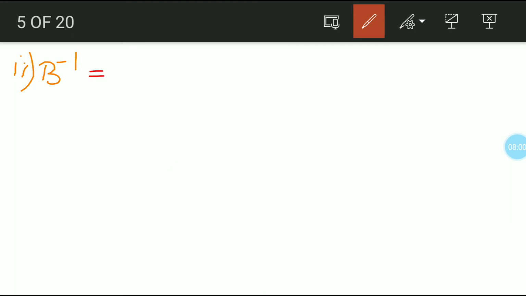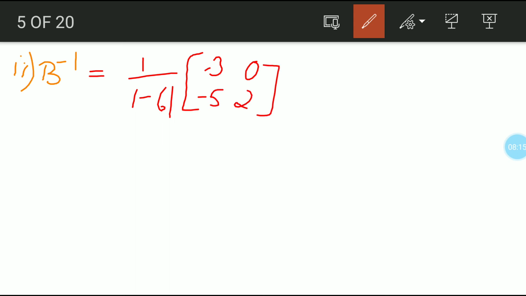We have to apply the same formula everywhere. Now 1 by minus 6, with the matrix [minus 3, 0; minus 5, 2].